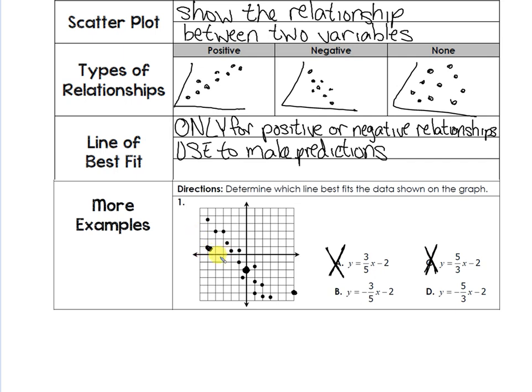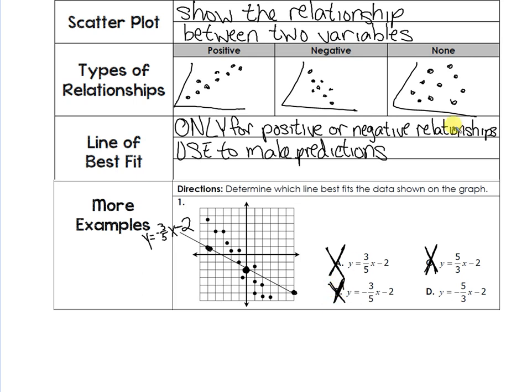And if I connect those dots for answer choice B, y equals -3/5 x minus 2, that line isn't even close to the relationship of those dots. So I'm going to get rid of B because B is not even close.